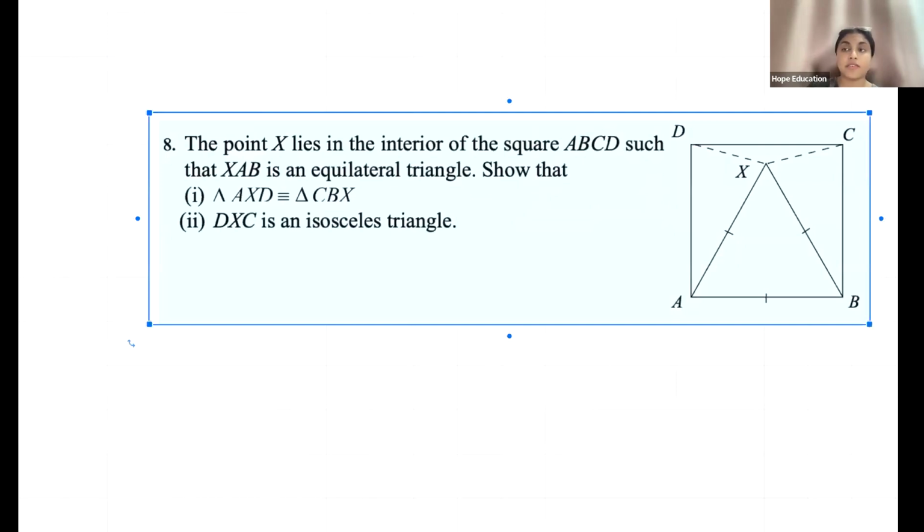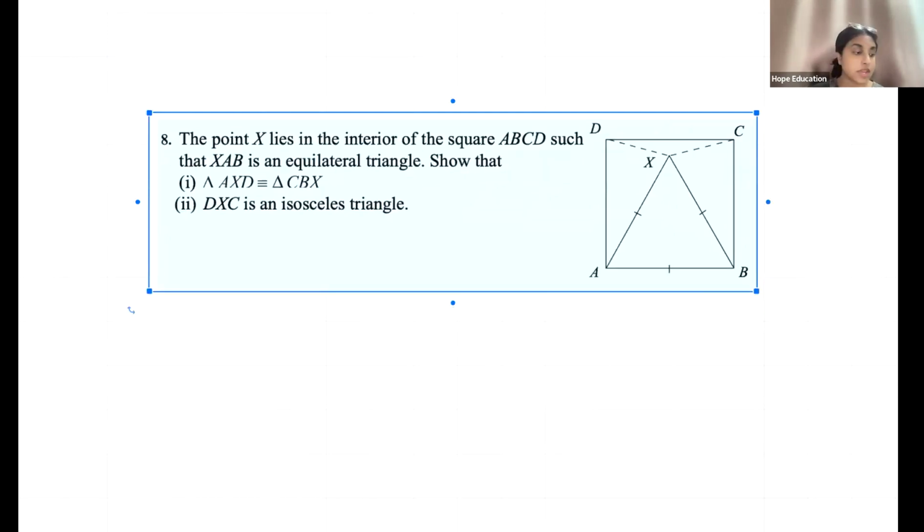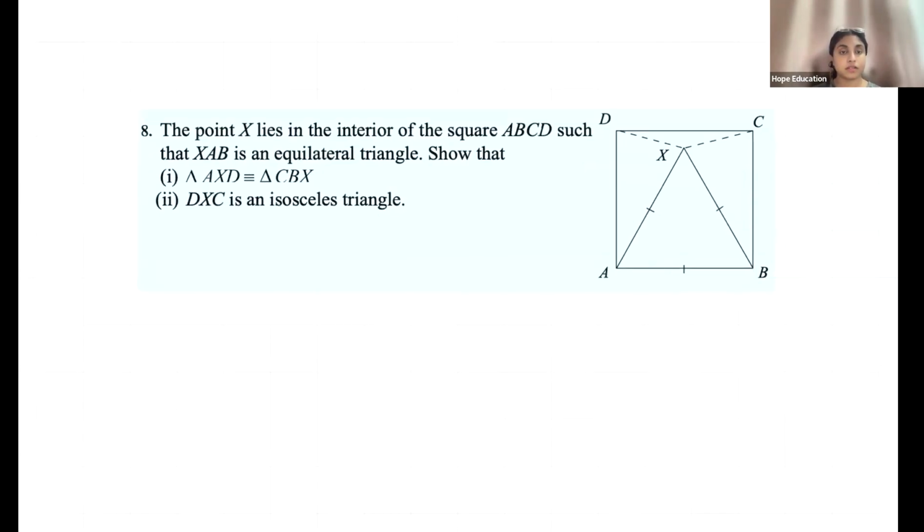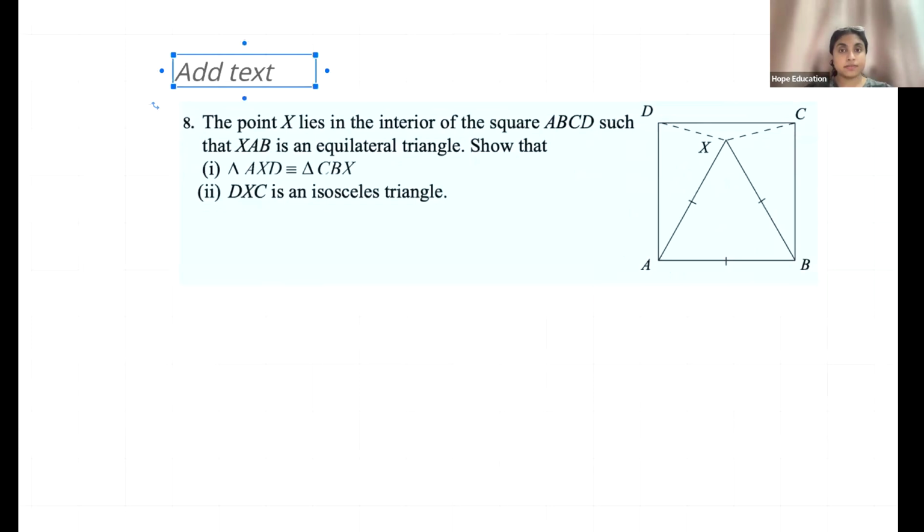This is lesson 5 miscellaneous. Once we are done with lesson 5 miscellaneous, let's go to lesson 6. That's 6.1 and all the home.